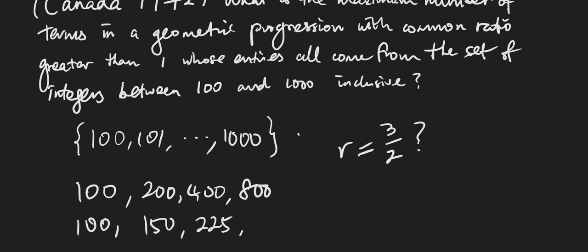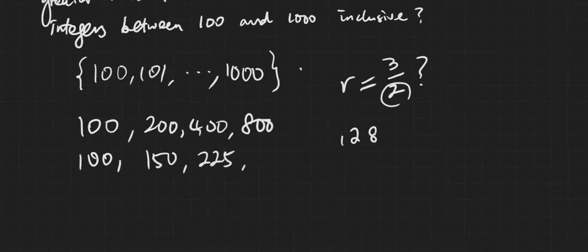It has relatively few factors. We can find one with more. Maybe we can try 128, because it's a power of 2, which means that we can multiply by r many times. So let's try 128, and then we take the same ratio, 3 over 2.